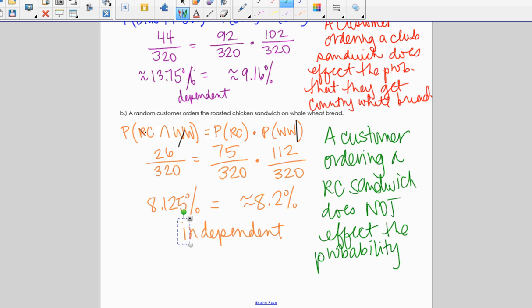I don't even know if that's spelled right, sorry guys. Does not affect the probability of ordering whole wheat bread. That's literally the sloppiest thing I've ever written, so sorry.